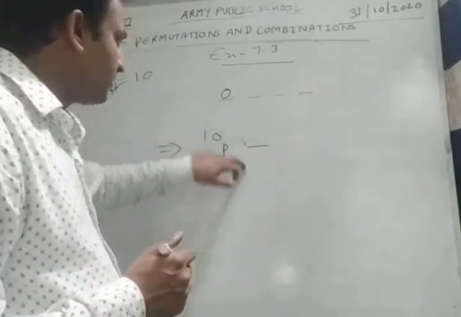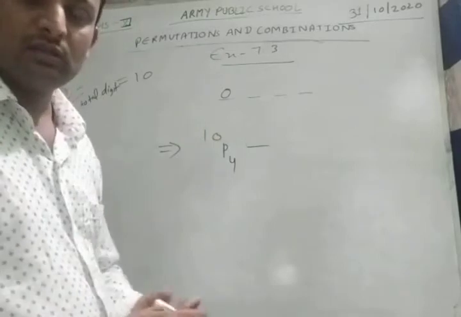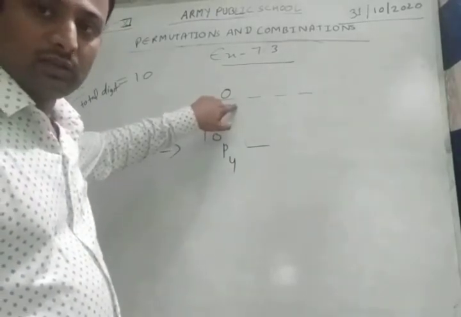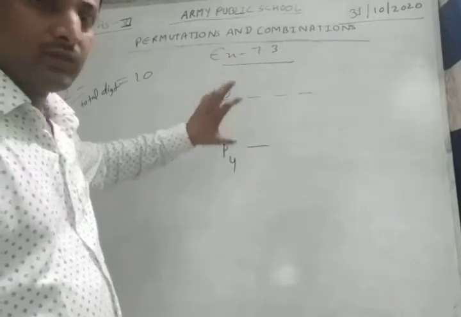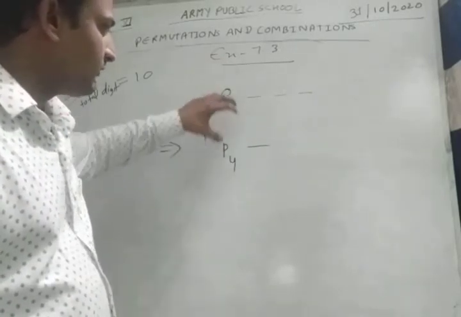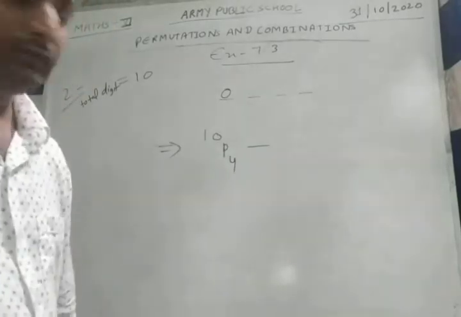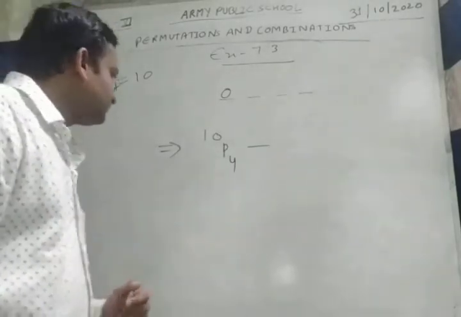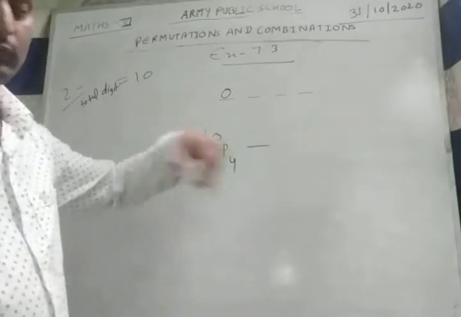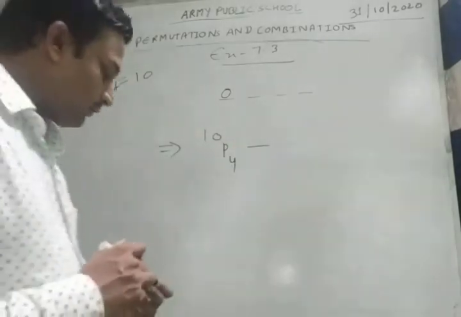This is the whole number which includes both those numbers which start from 0 and those which do not. So we will subtract these numbers from this number, and then we will get the 4-digit numbers.